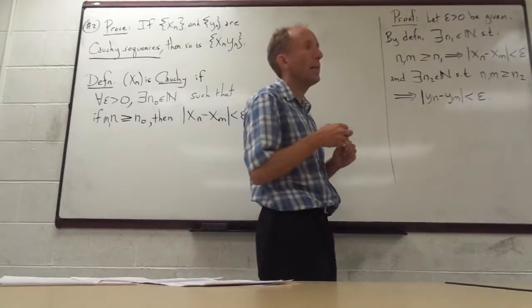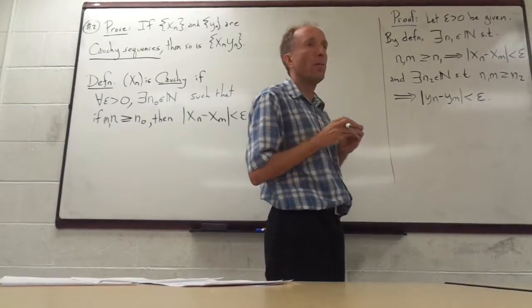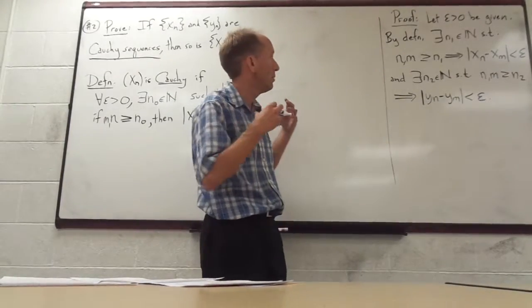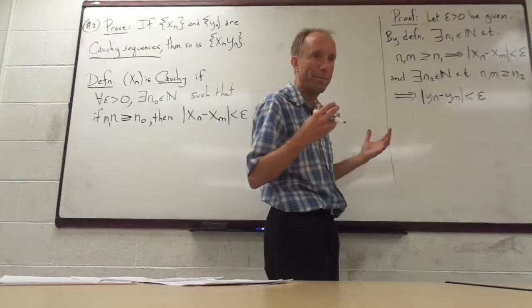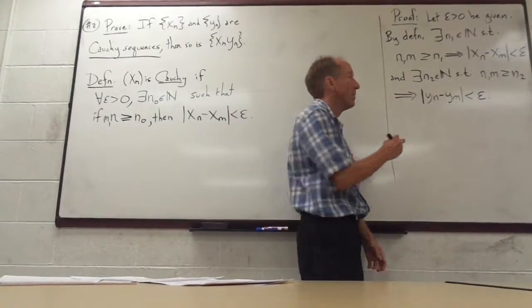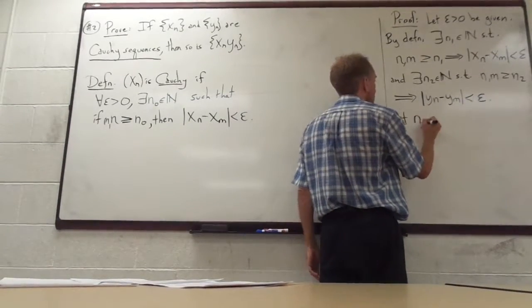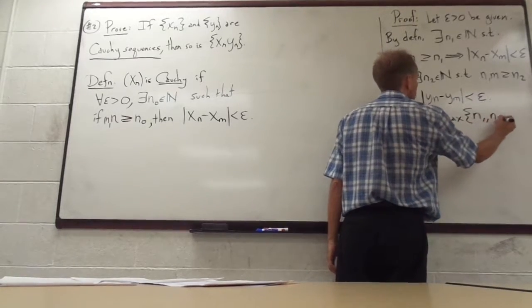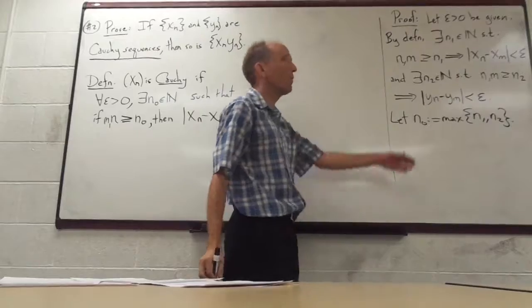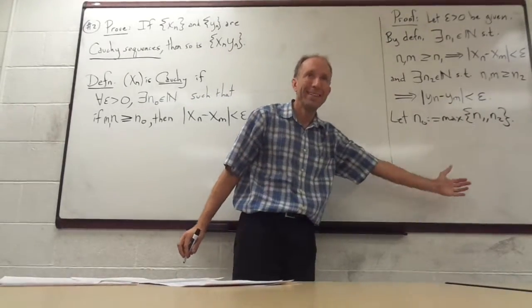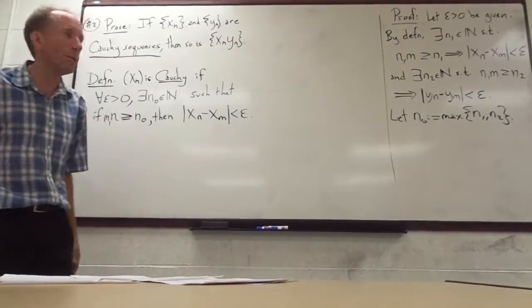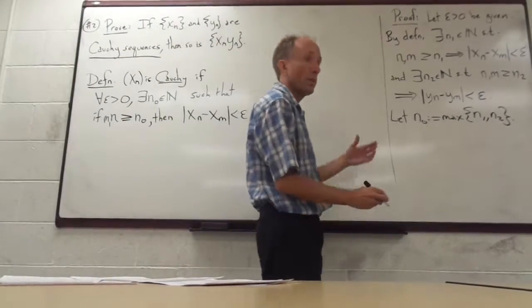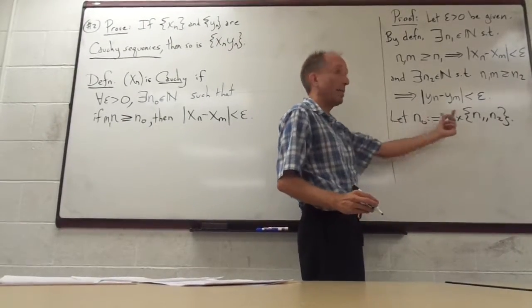And then, what am I going to want for my final value of n naught? It will be the maximum of n1 and n2. Okay, good. Let n naught be the max of n1 and n2. So far we're writing down the whole proof of this thing. So what we have to do is check that this n naught is correct.